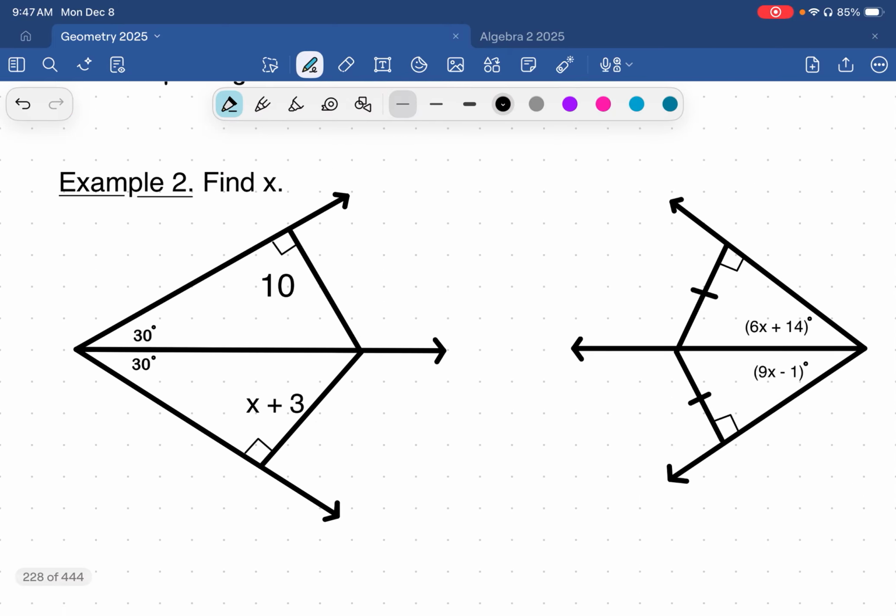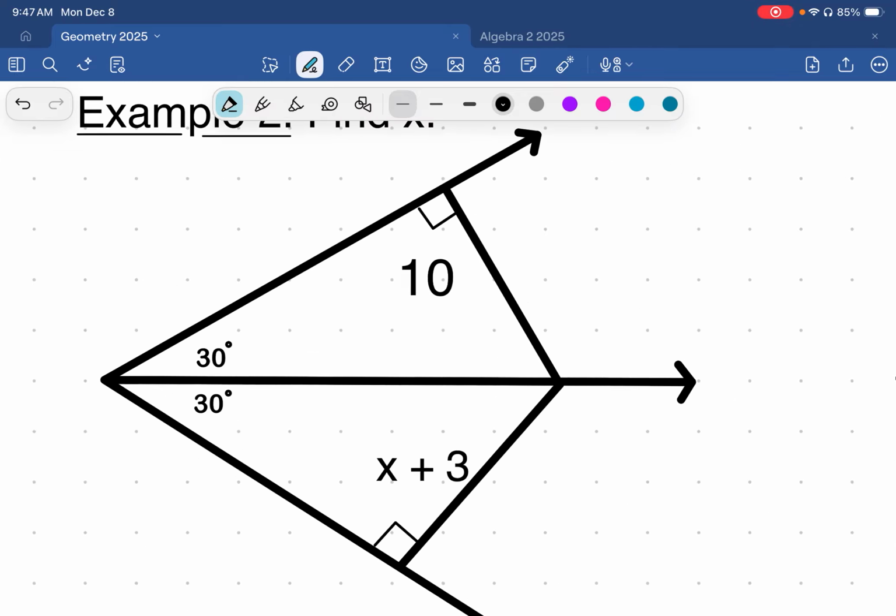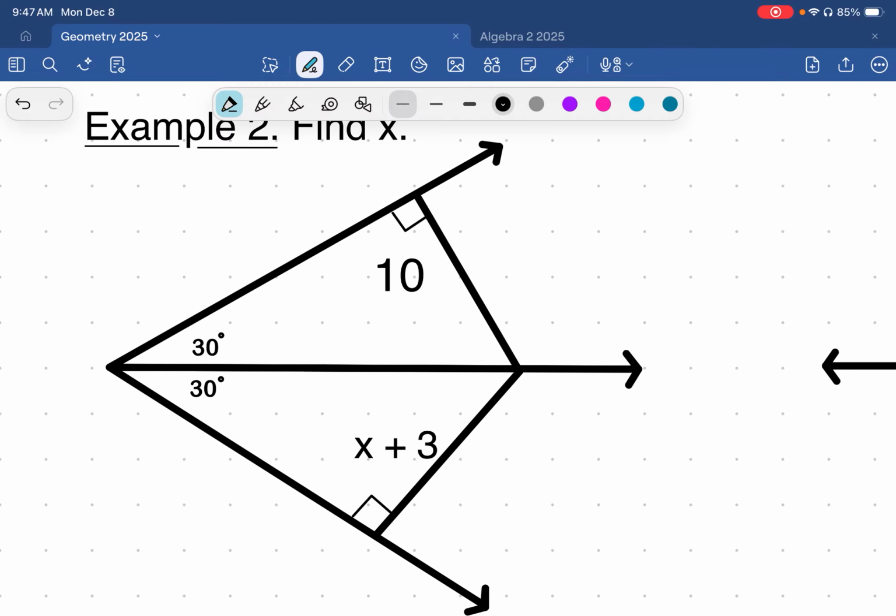There are two parts to it, and they're simply asking you to find x in both of the pictures. So if we take a look at this first one, let me zoom in on this picture. I can tell that I have an angle bisector because of the 30 degrees here and the 30 degrees here.